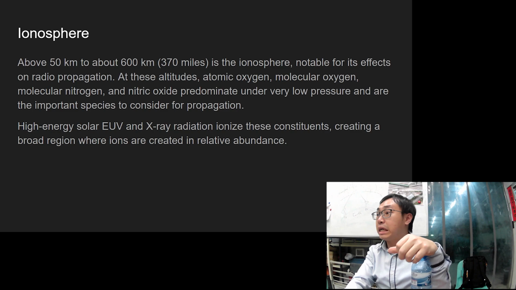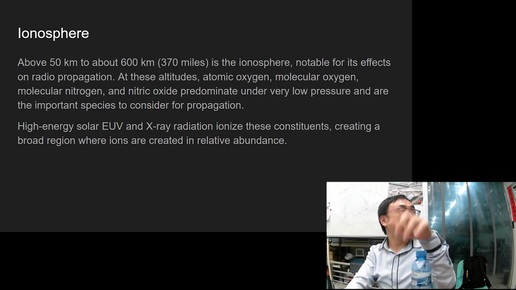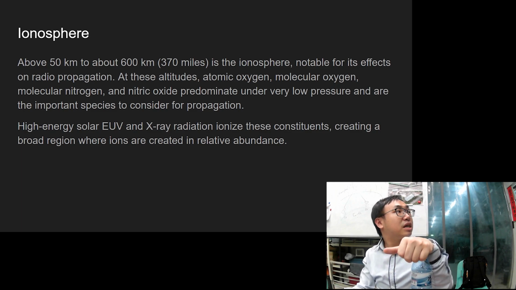In the atmosphere, there is a layer called ionosphere. Ionosphere. Okay. In Chinese, it's called 电离层, ionosphere. So the ionosphere is very good for radio propagation. They have a lot of ions here.